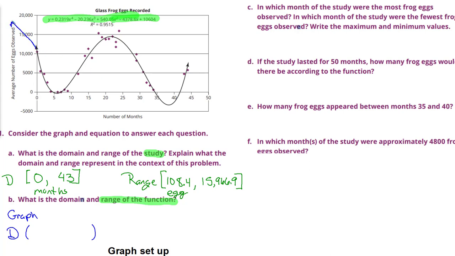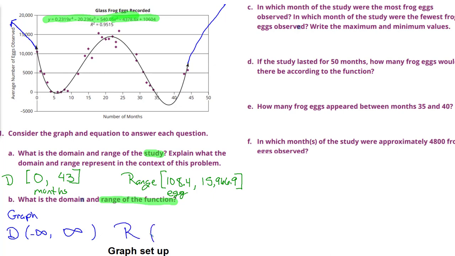Where would this graph go? Is there any stopping point? So negative infinity. What's the largest x? Keeps going.